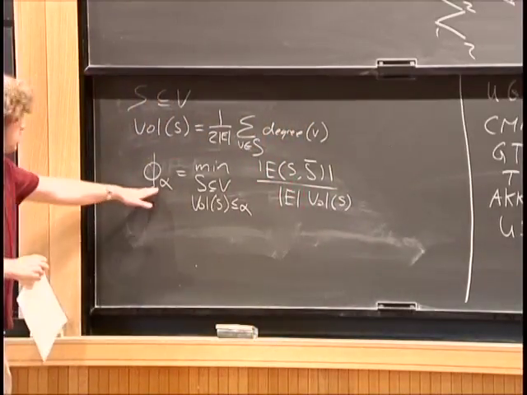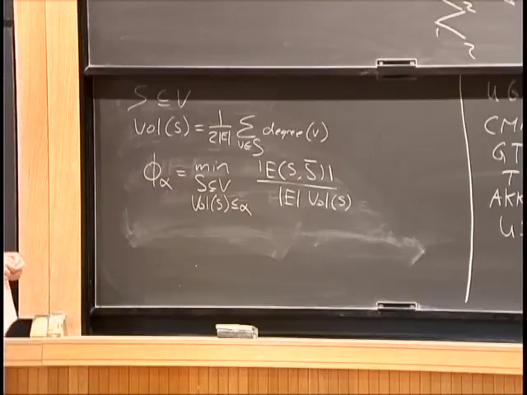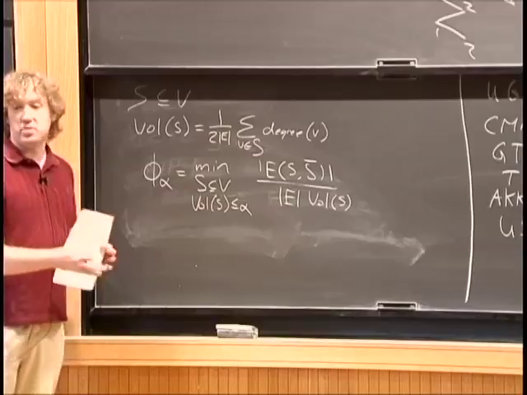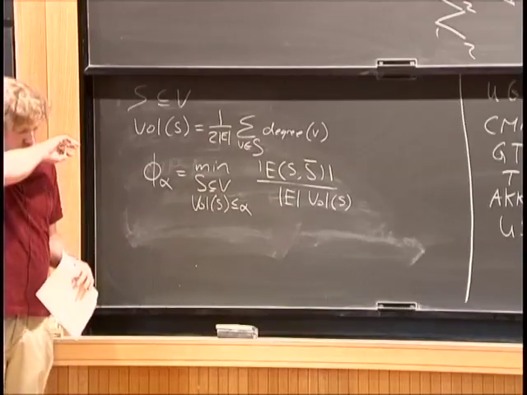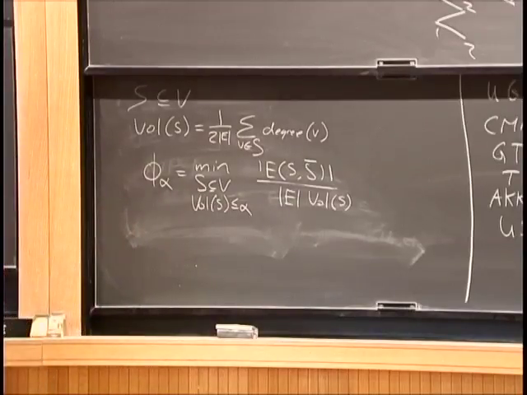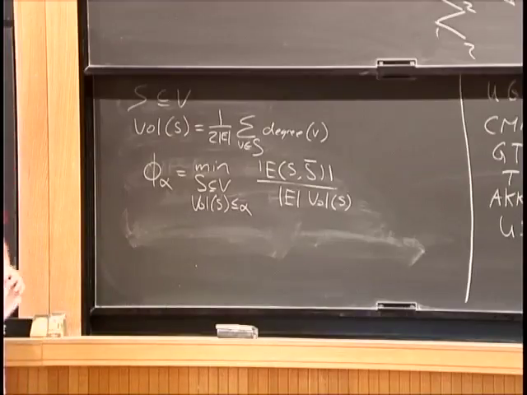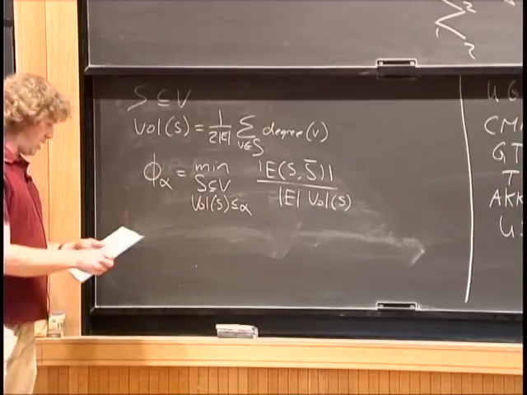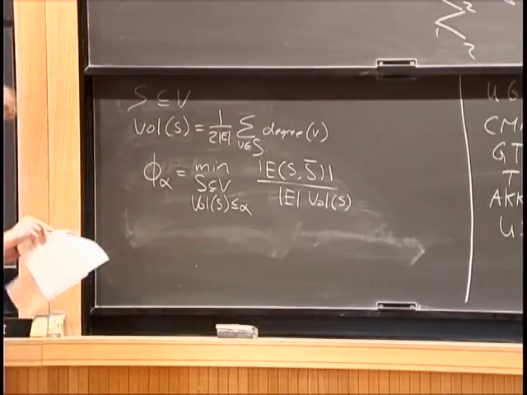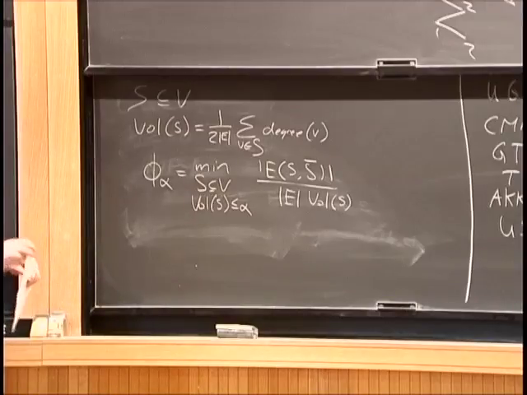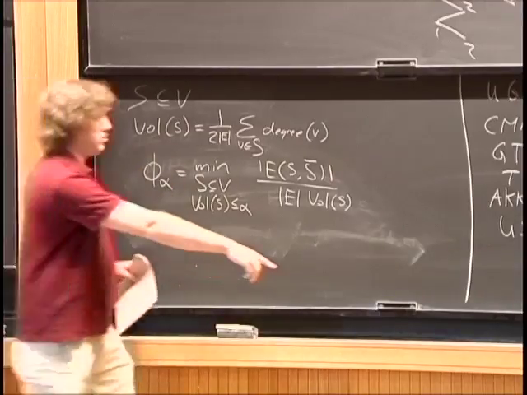So phi alpha will be between 0 and 1, and the bigger it is, in some sense, the more local expansion it has. In the special case of phi of a half, this is just, in some sense, your normal notion of expansion, and we can use the Cheeger bound to relate it to lambda.